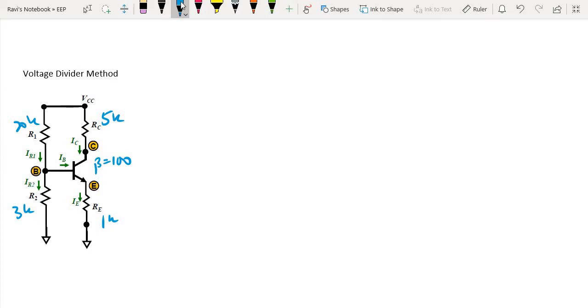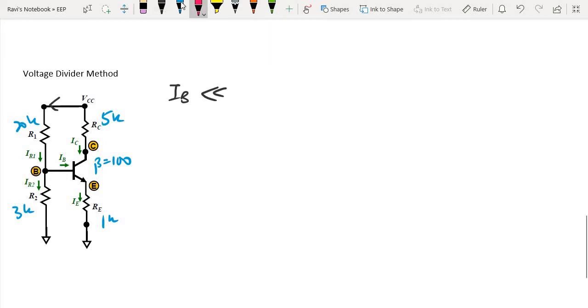Alright, so right now we're going to approach the same circuit with a voltage divider method approach. From what we know, IB is a very small current, in the microampere range, and it is much lesser than the current flowing through here.